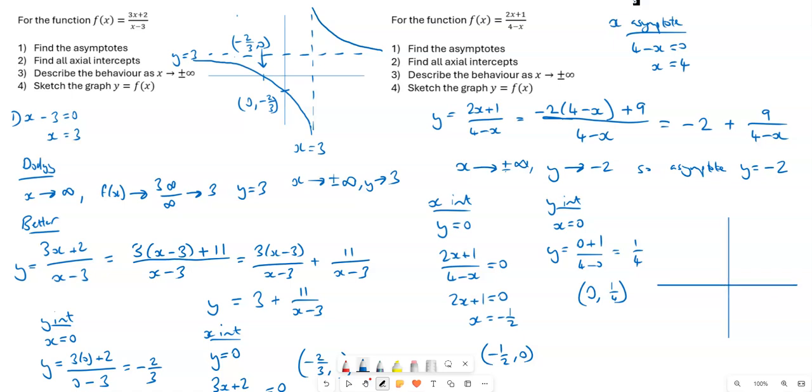My graph. So we have a y-asymptote at y equals negative 2, x equals 4, and we can see that minus a half, 0 is going to be about there, and 0, a quarter is going to be about there.